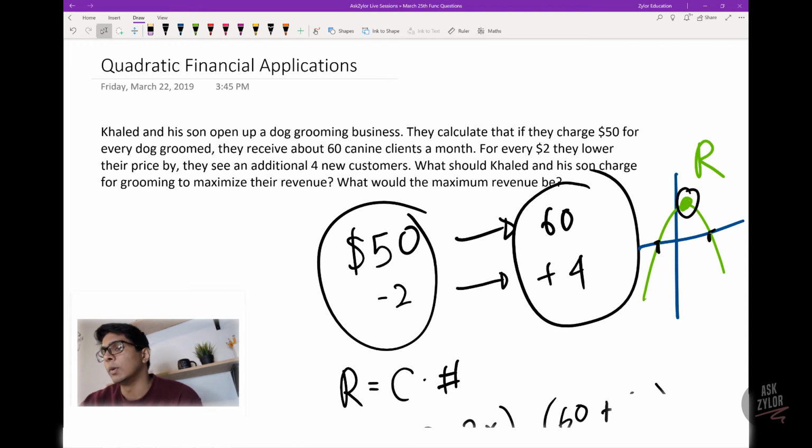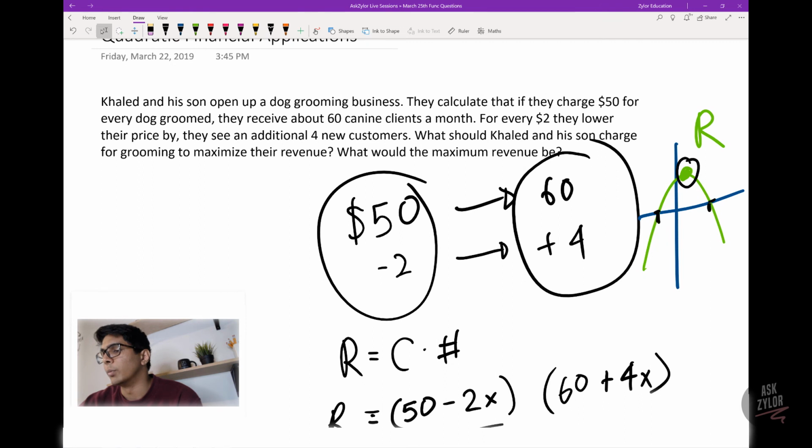So we went through a quadratic financial applications question. These are very common. You vary the price and you vary the product. In this case, we started with charging $50. If we charge $50, we have 60 clients, and if we reduce the price by 2, we get 4 more clients every time.